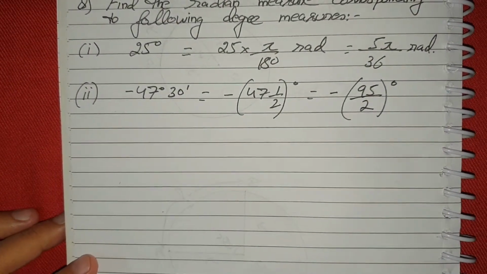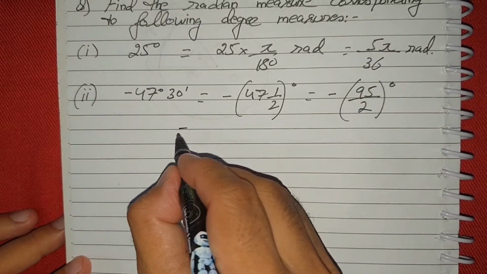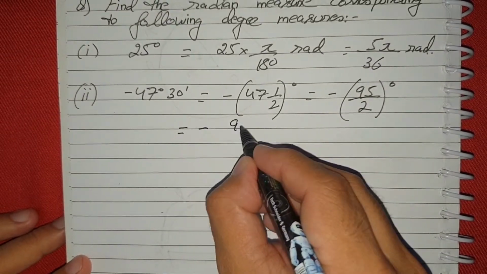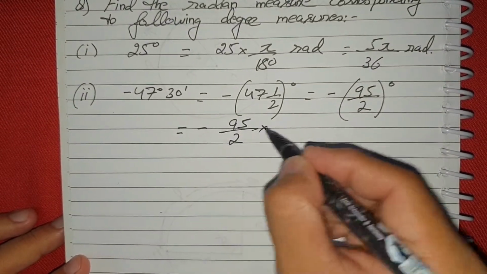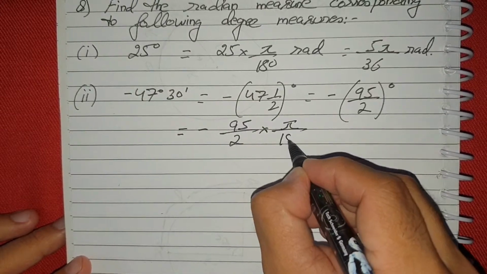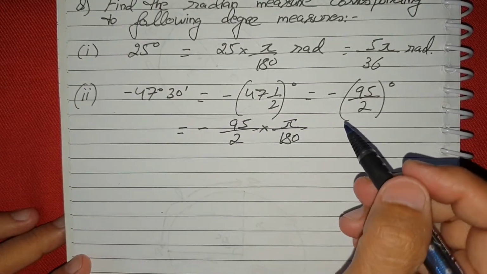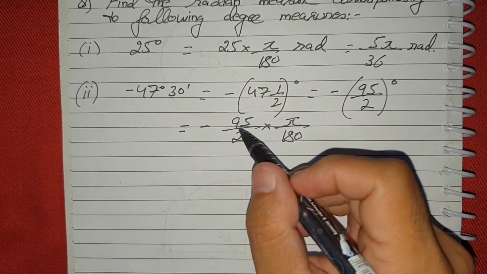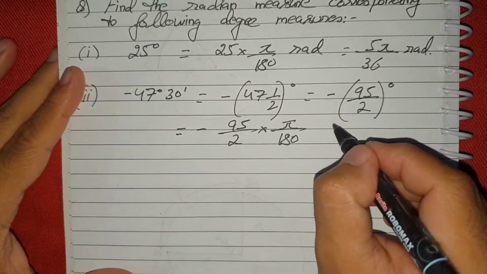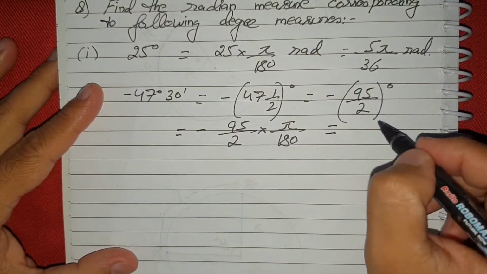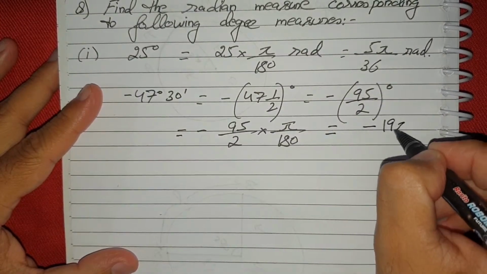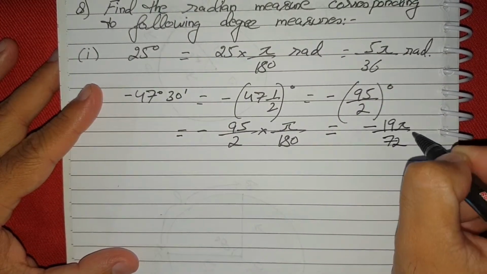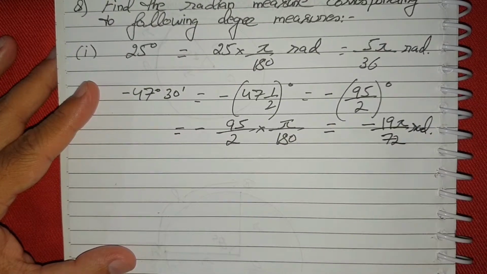So again degree to radian, pi by 180. So minus 95 by 2 into pi by 180 radian. Now solving this, this goes 5 times and reducing it to simplest form, this will be minus 19 pi by 72 radian.